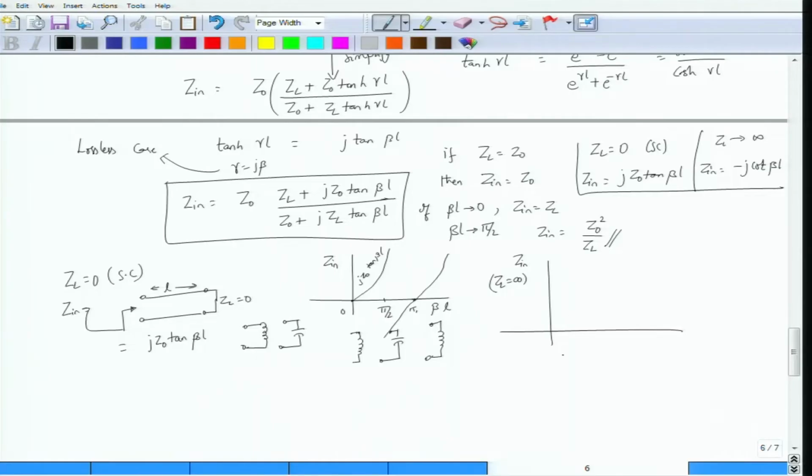It would start from a capacitor, go through and then become an inductor at say π/2. So this is for the case of open circuited input impedance. In fact, by choosing the value of L appropriately, you can generate the required amount of inductance or capacitance, for a short circuited or open circuited load.